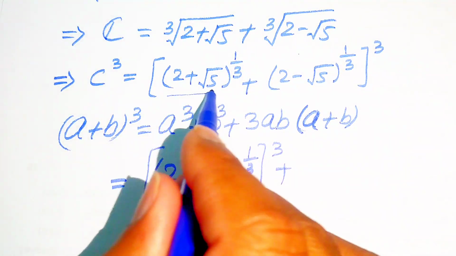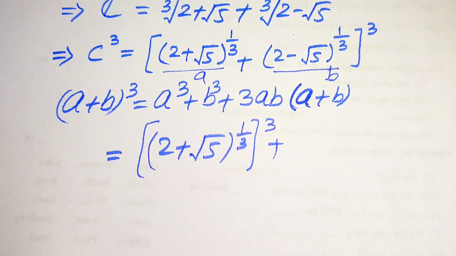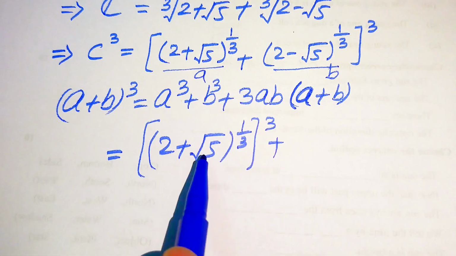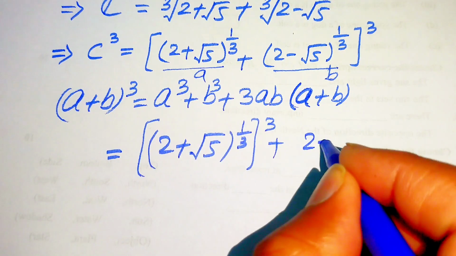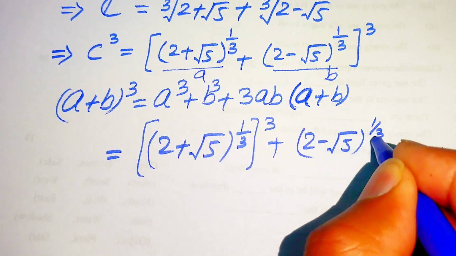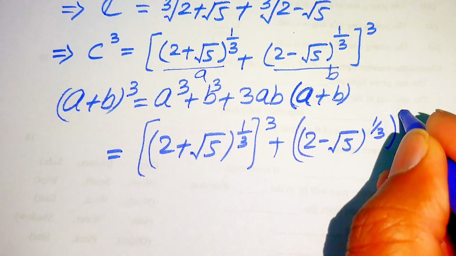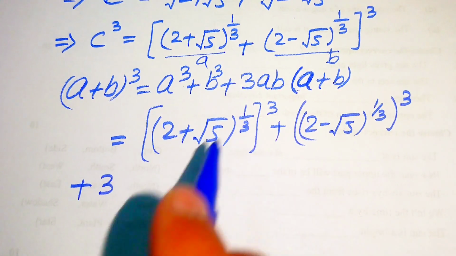So here this value is our a and this value is our b. So when we put this a here it will become this form. When we put this value here it will become 2 minus square root of 5, its exponent 1 over 3 and its whole cubed, and plus 3 times of ab.